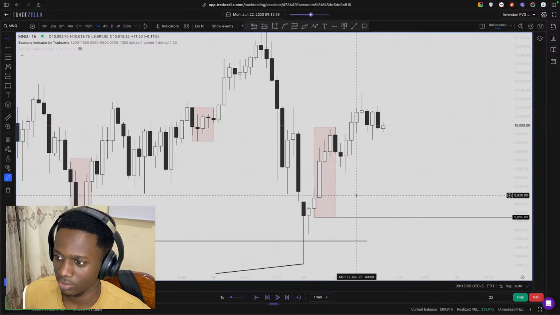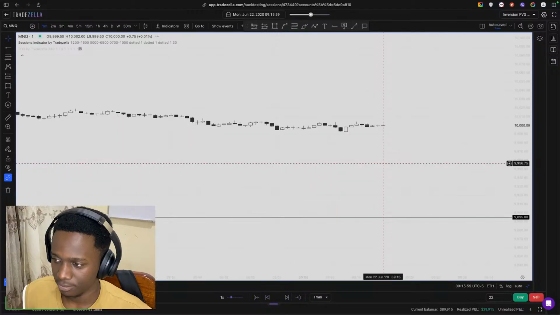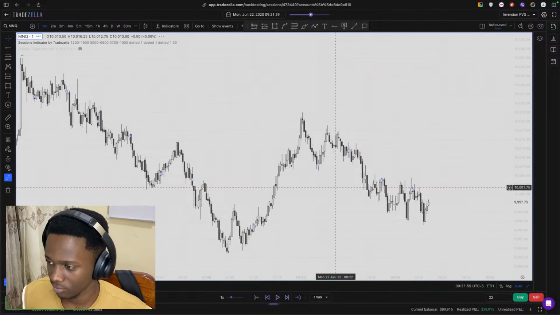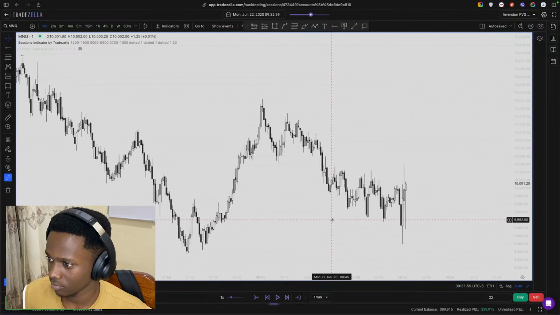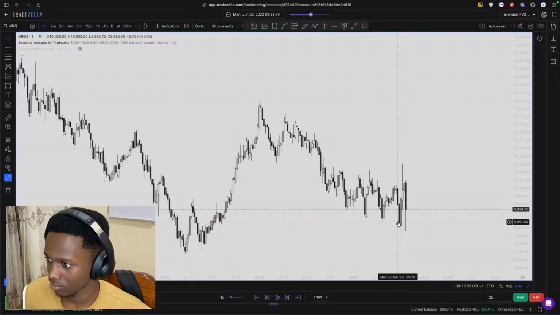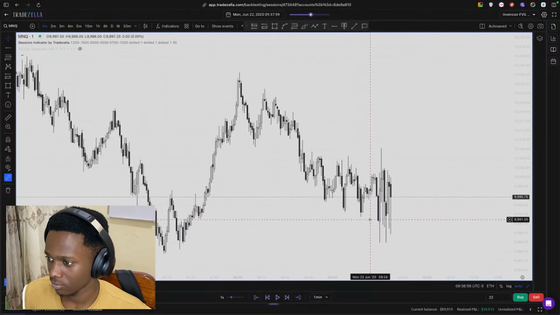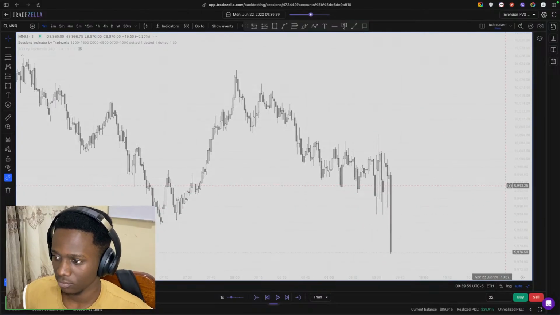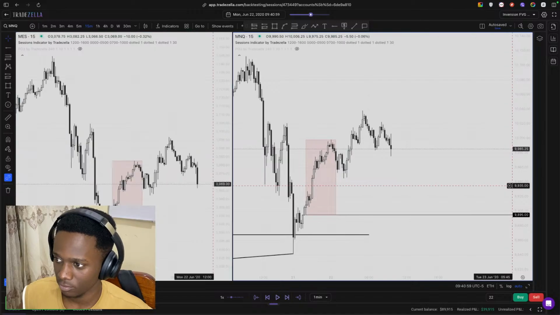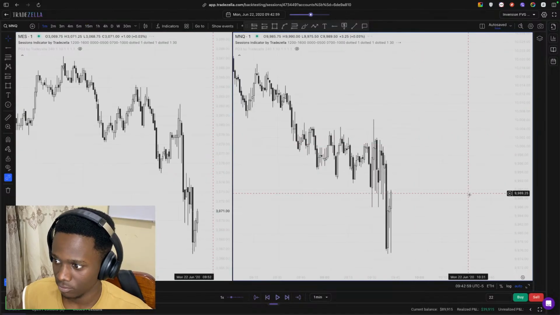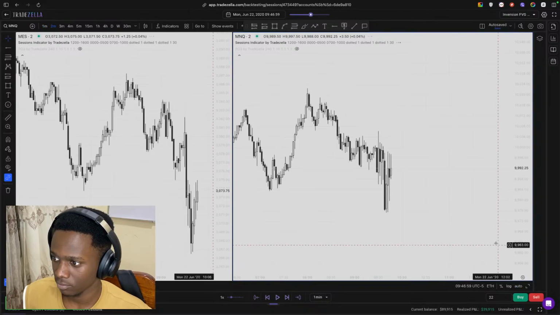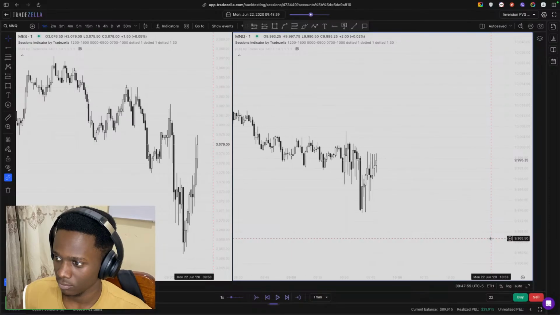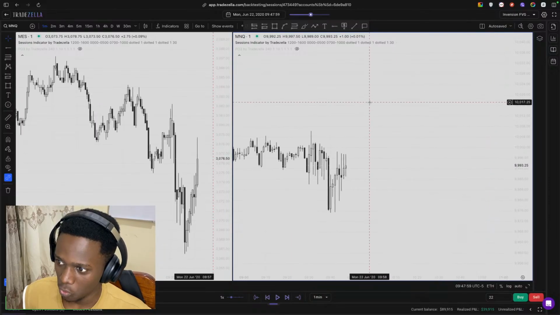These are shadows here, but I would like to see it not go all the way there. Price is going so slow.